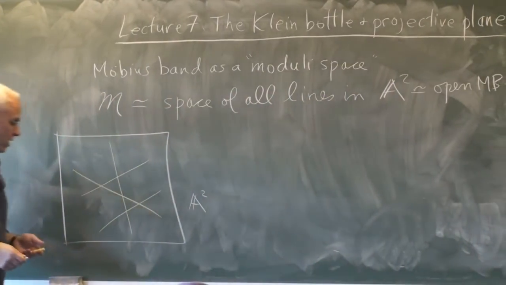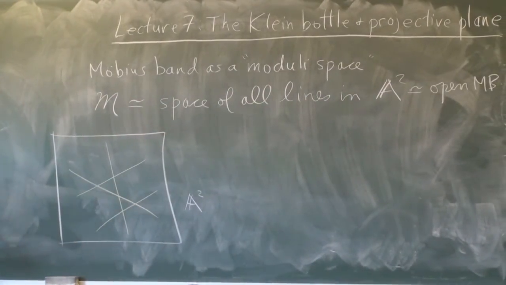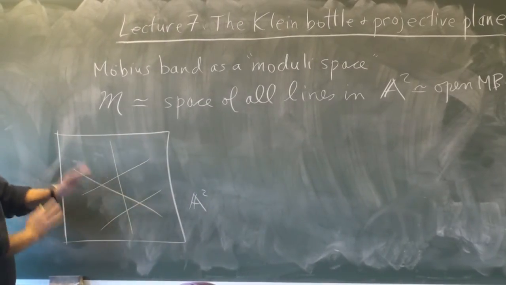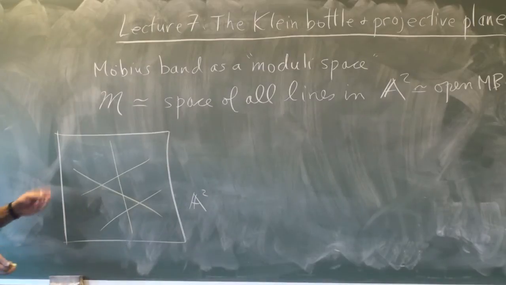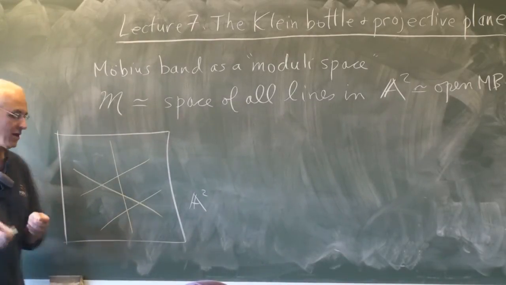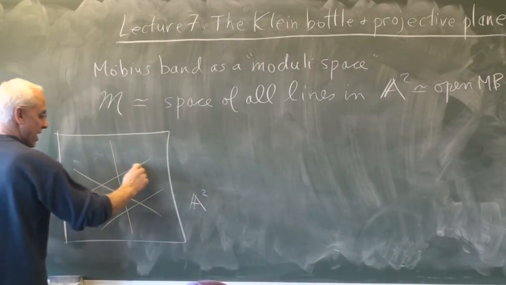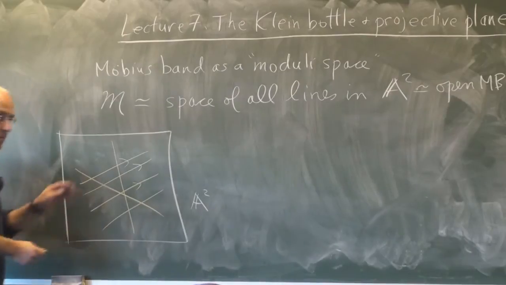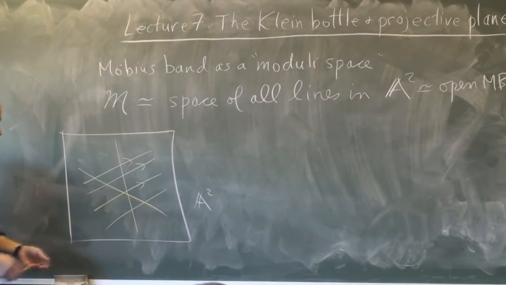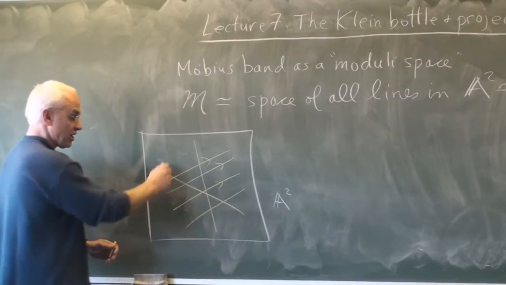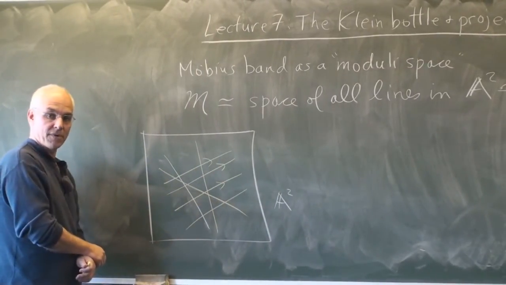Why is that? Well, if you have any line in space and we want to classify them, one natural way to do that is to group them together in terms of their directions. If we choose this particular direction, say that one there, then there's going to be a family of parallel lines in the same direction, and the parameterization of all those parallel lines is just a line itself.